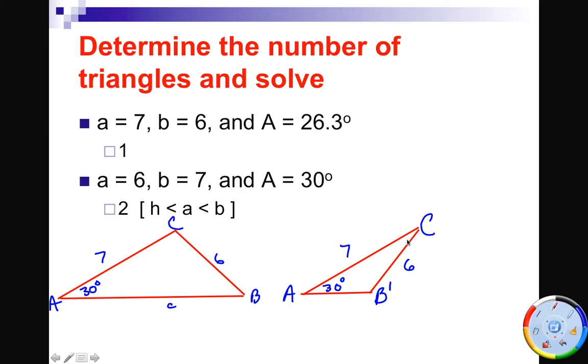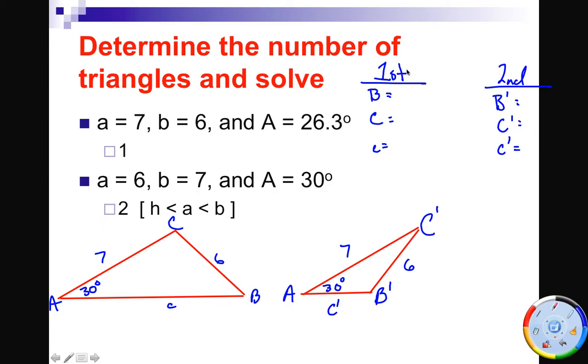This is a big angle, that's a small angle, so this is C prime, and this little side down here is little c prime. So for the first triangle, you have to solve for big B, big C, and little c. And for the second triangle, you need to solve for B prime, C prime, and little c prime.